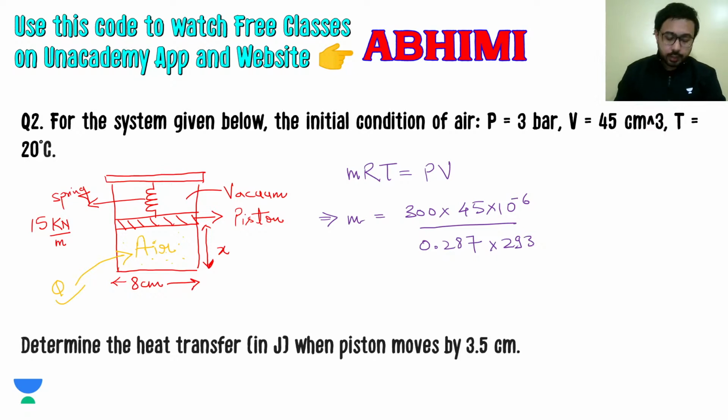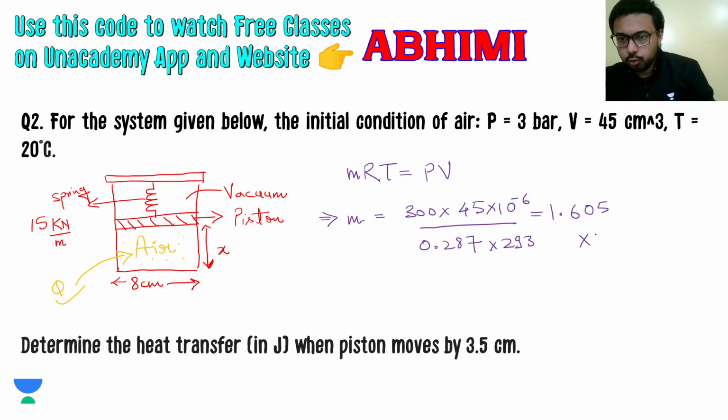So from here we can get mass, which is going to be 300 into 45 into 10 to the power minus 6 divided by 0.287 divided by 293. So it is coming out as 1.605 into 10 to the power minus 4 kgs.